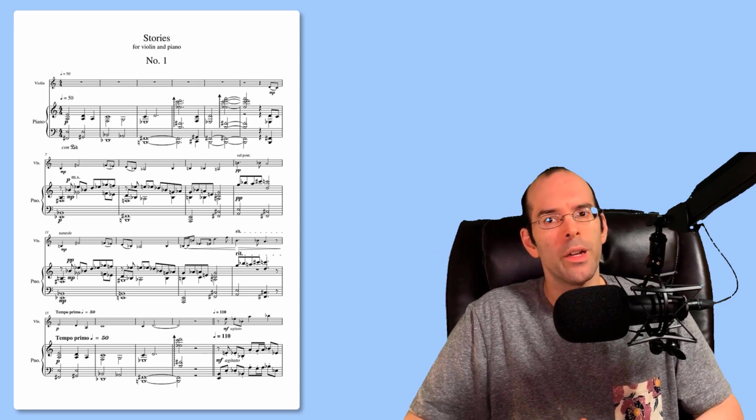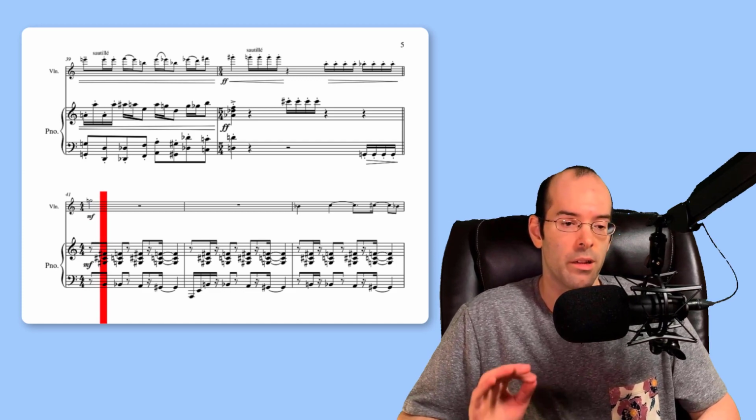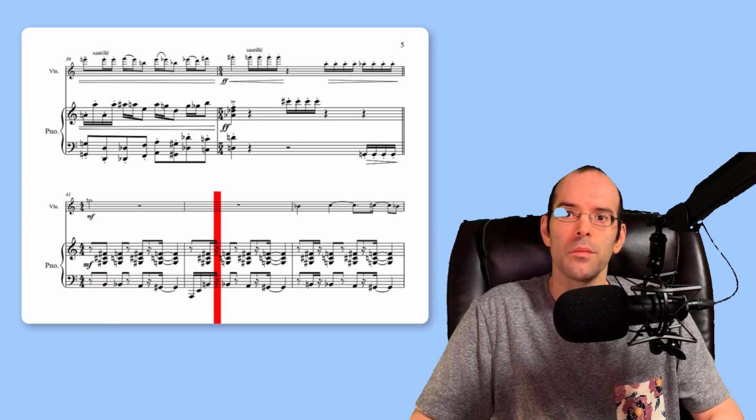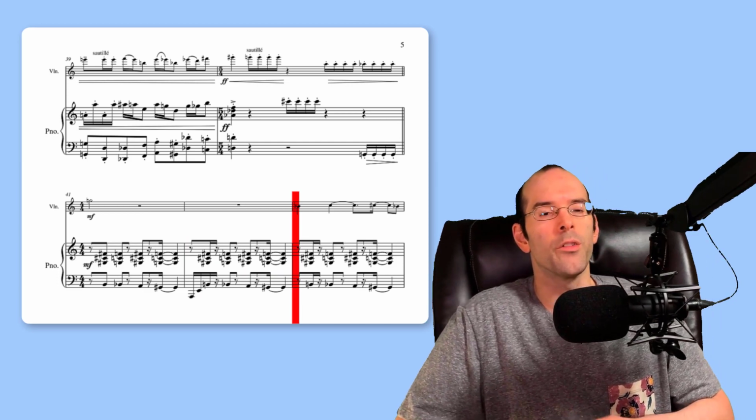But something else to point out in this movement would be the excellent rhythms that we have right here. And I feel like interesting rhythms like this can be a great way to help increase engagement.